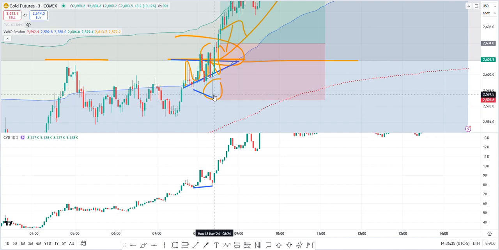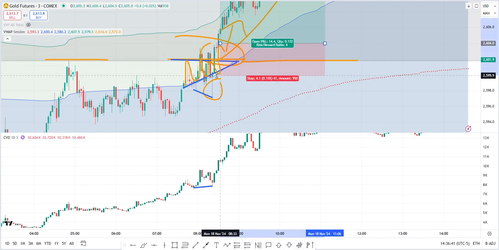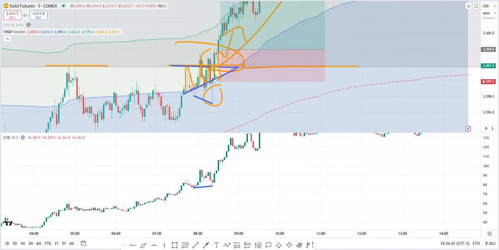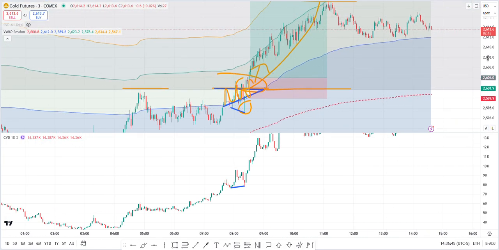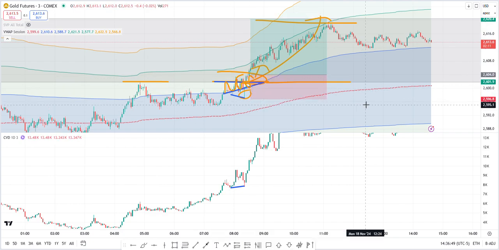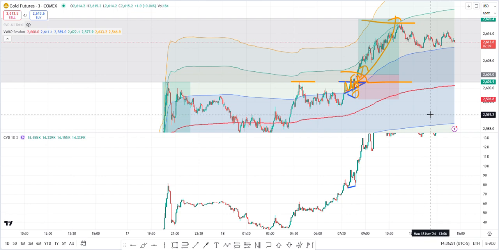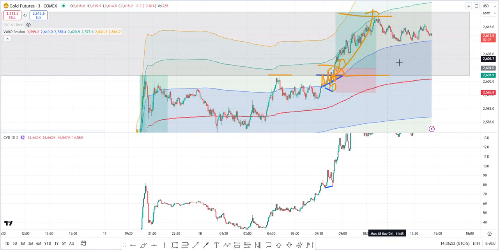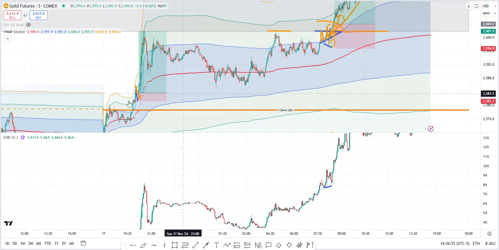There's divergence there, and then there's divergence here. So this candle, the 1 to 4 risk to reward. But I think this is much easier, like 1 to 2.3. And that's kind of the day.